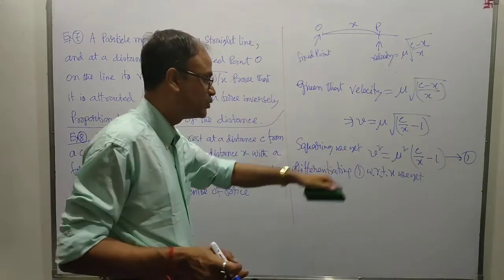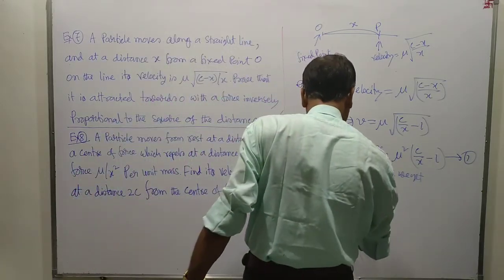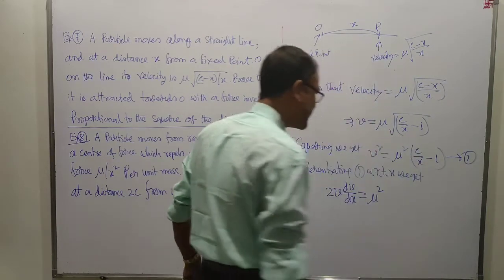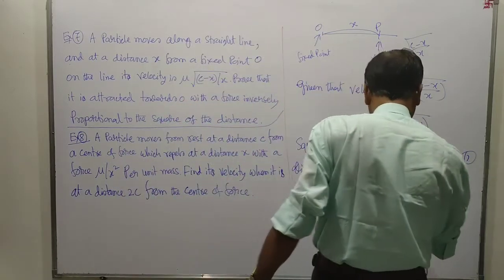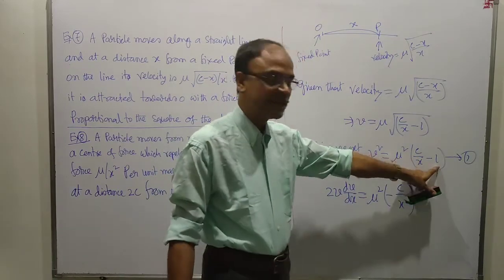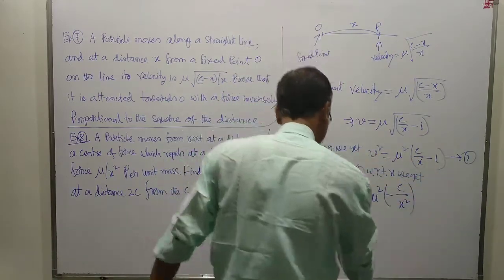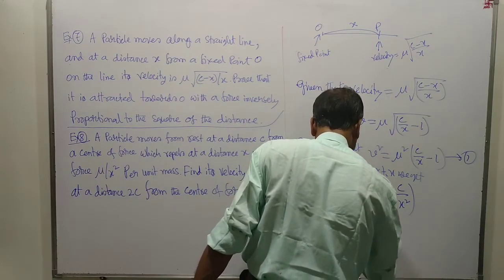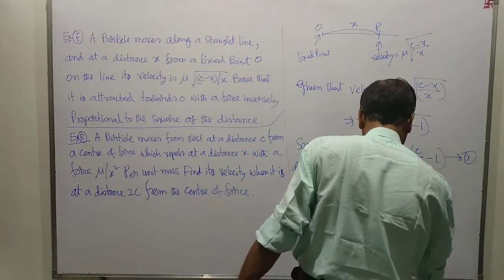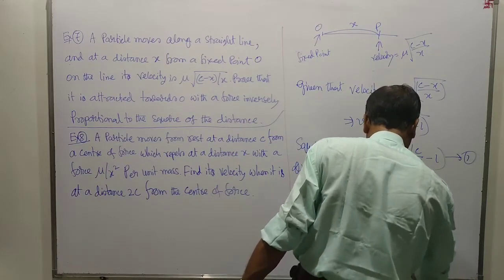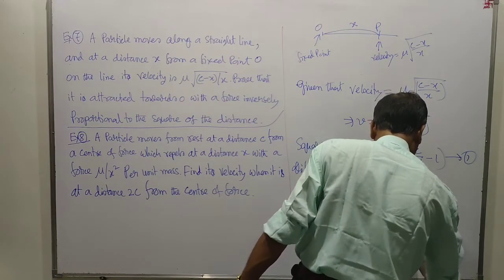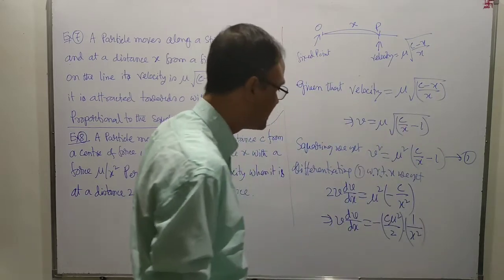Differentiating 1 with respect to x, we get twice v dv by dx equal to mu square times, this is constant, minus c by x square. The differentiation of 1 will be equal to 0. This means v dv by dx will be equal to minus c mu square divided by 2 into 1 by x square.